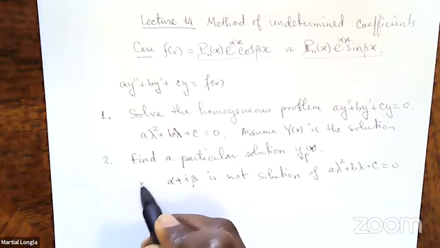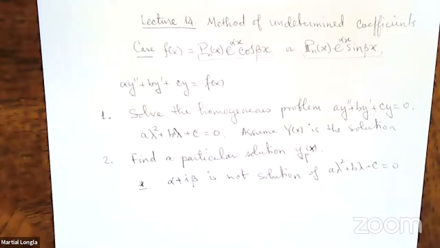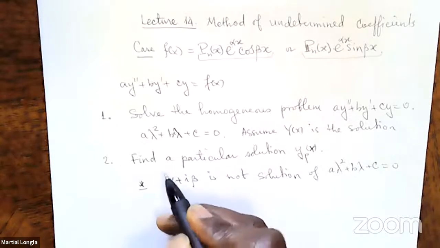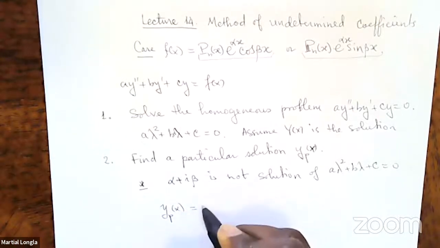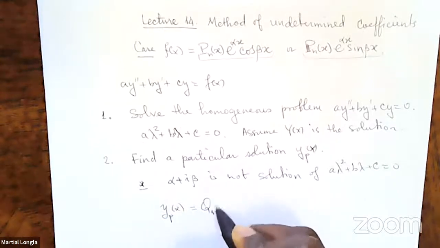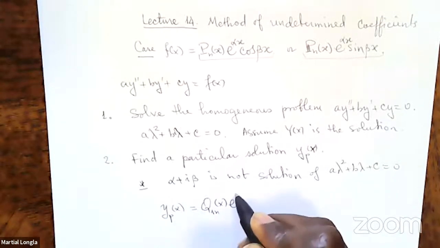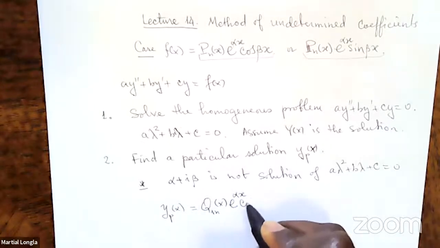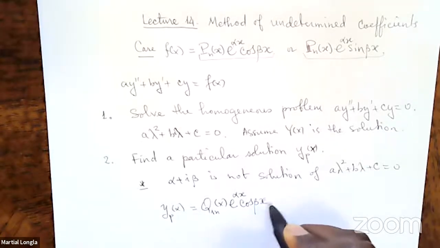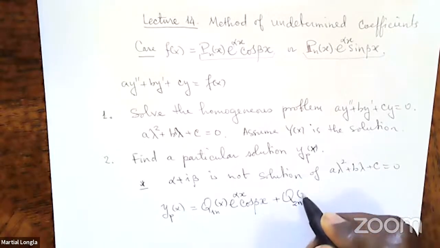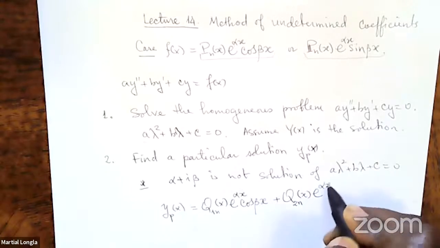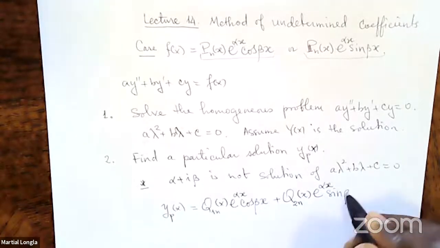If alpha plus i beta is not a solution of that, then we are going to say that yp of x is a polynomial of degree n e to the alpha x cosine of beta x plus another polynomial of degree n e to the alpha x sine of beta x.